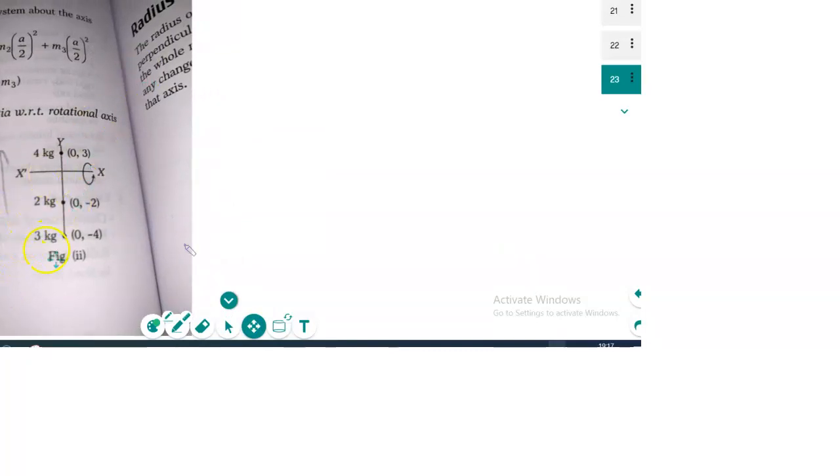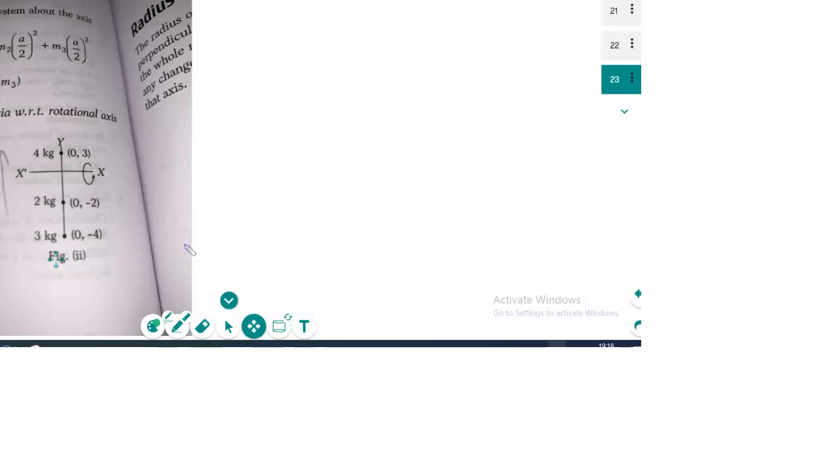Let me find the question. I was just not sure about one thing. They want to calculate the moment of inertia with the rotational axis in the following figures.